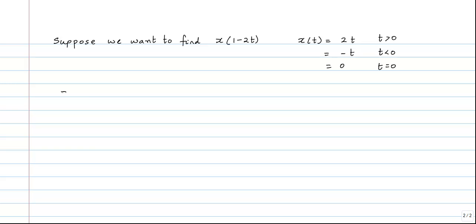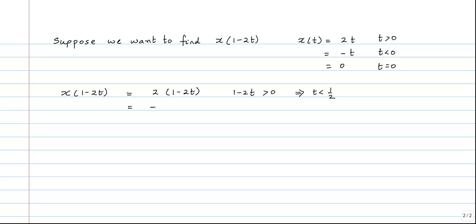Now to find x of 1 minus 2t, we simply replace t by 1 minus 2t. So we get 2 times 1 minus 2t, again, for 1 minus 2t being greater than 0, or equivalently, this implies that t is less than a half.